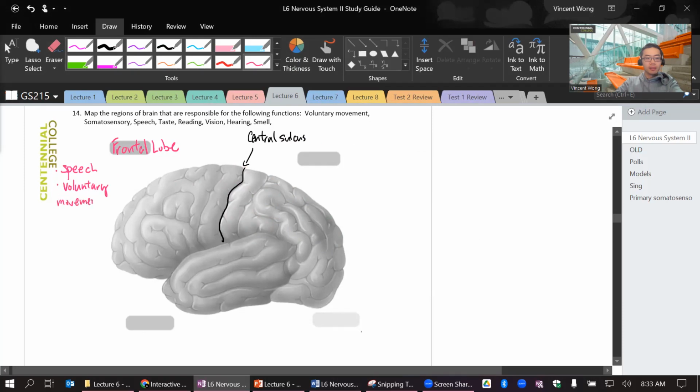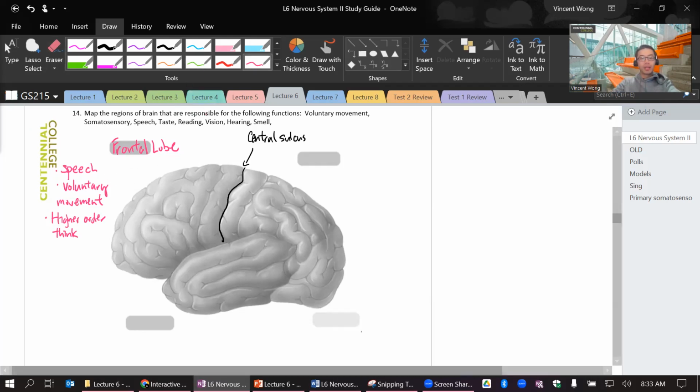Then there is higher order thinking, like abstract thoughts, doing calculations, all that stuff happens in the frontal lobe. And your personality, that's also in the frontal lobe.